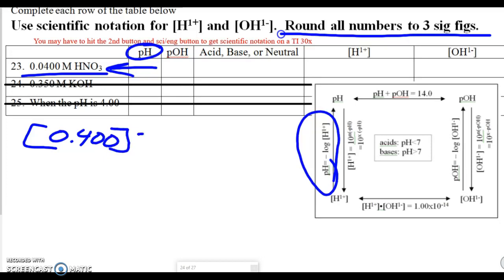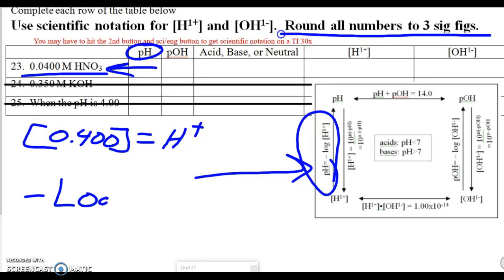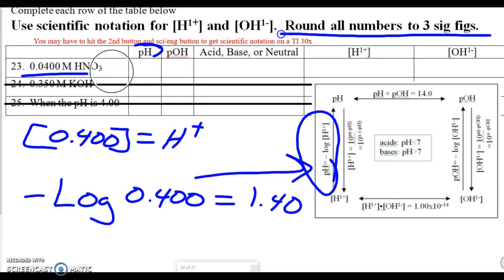Okay, that's our hydrogen ion concentration. So pH is equal to the negative log of that. So I take the negative log of 0.400, and if I do that, I'm going to end up getting a pH of 1.40. So I put that up here into my chart.